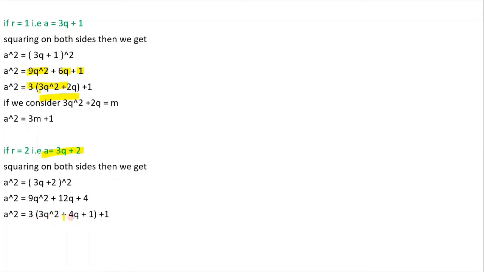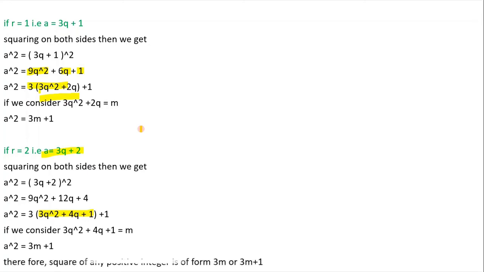If I multiply this out, I get the same result. Okay. And now I am treating this 3q square plus 4q plus 1 as m, so that I get a square is equal to 3 into m plus 1. So from all these three cases, we can clearly say that the square of any positive integer is in the form of 3m or 3m plus 1. Okay.